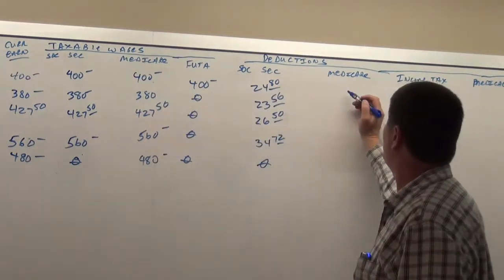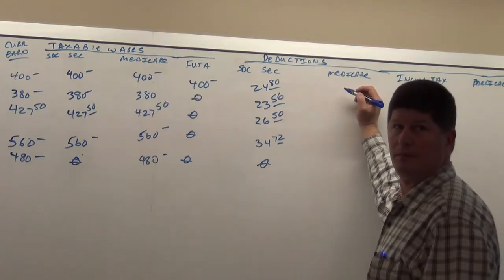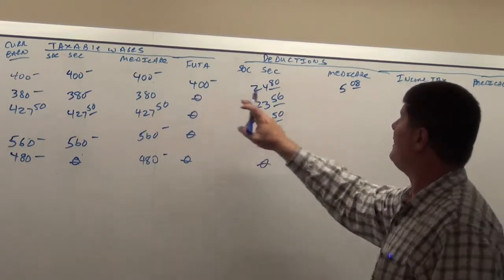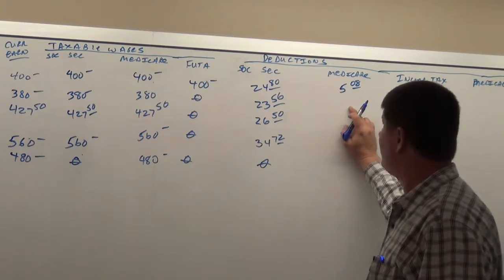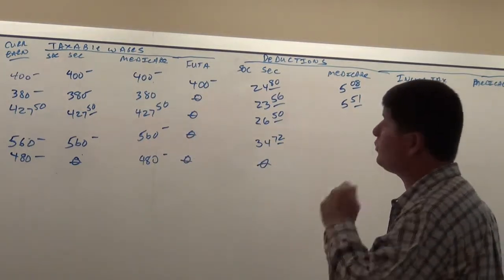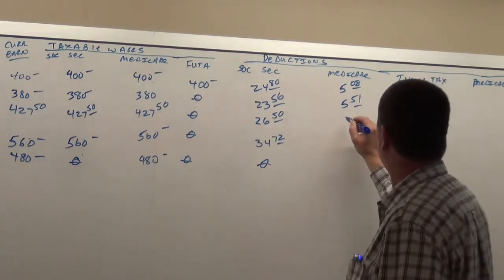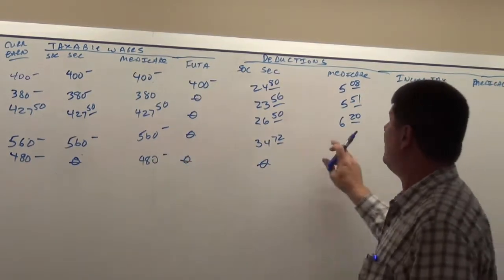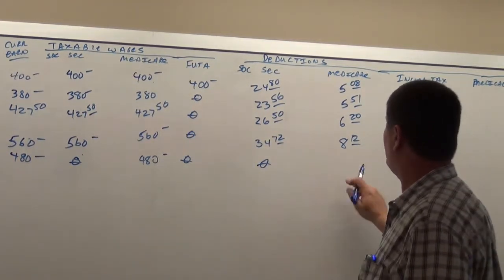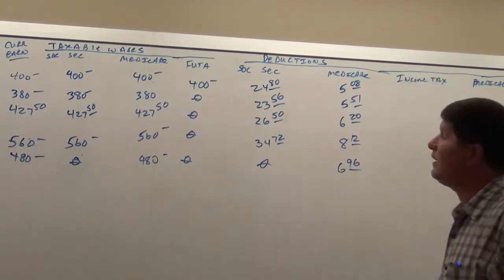So 400 times 1.45%, $5.80. 380 times 1.45%, $5.51. 427.50 times 1.45%, $6.20. 560 times 1.45%, $8.12. 480 times 1.45%, $6.96. Okay.